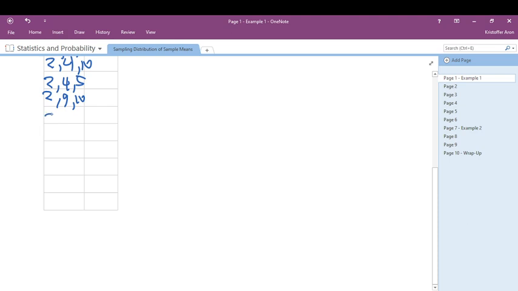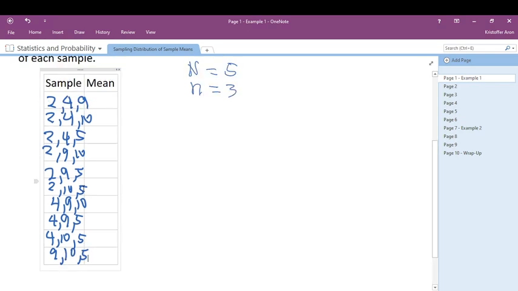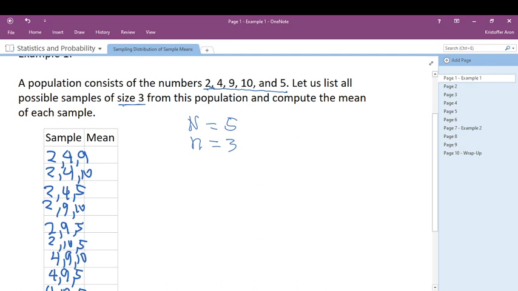After 2, 9, 10, we can have 2, 9, 5; 2, 10, 5; 4, 9, 10; 4, 9, 5; 4, 10, 5; and 9, 10, 5. So that is the 10 samples of size 3 using a combination of 5 taken 3. Now, after listing all the samples of size 3, let's take their corresponding means.